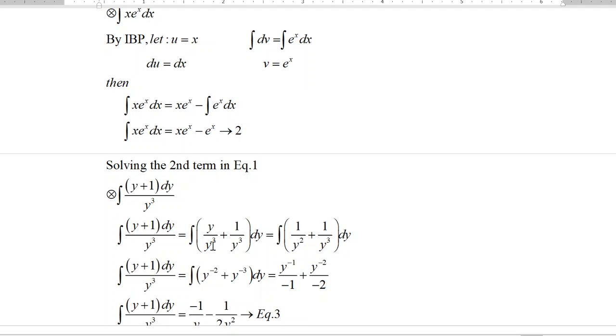So, it becomes y over y cube, which is 1 over y squared. And then, separate 1 over y cube. Right. And then, we raise y squared, y squared becomes y raised to negative 2. This is it. And then, we raise y cube. This is it.